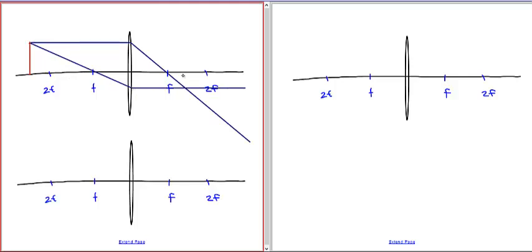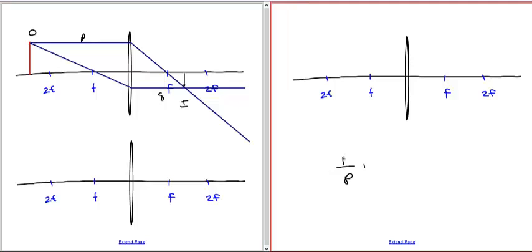And the resulting image is here. So object, image, this distance is P, this distance is Q, and this distance is F. And the same thing applies: 1 over P plus 1 over Q equals 1 over F. So that's the case where the object is more than twice the focal length.